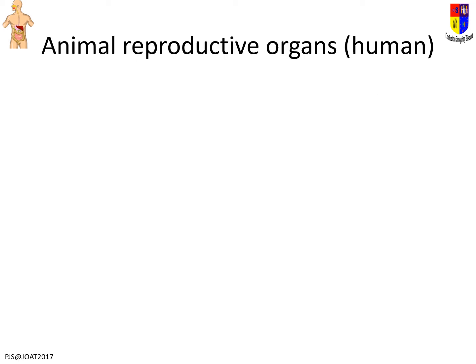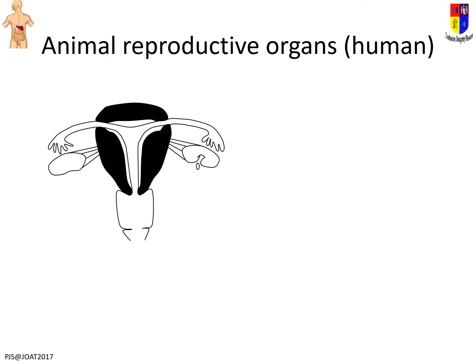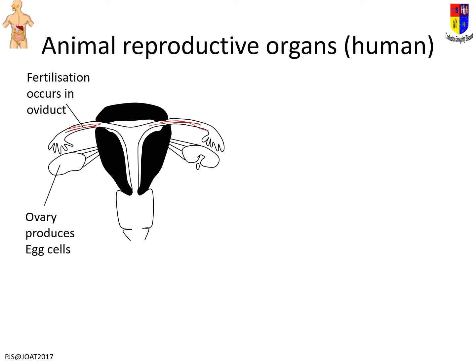So you only need to know a few parts of the reproductive system. Looking at the reproductive system in humans, you need to know that the ovary produces the egg cells. You've got two ovaries, one on either side here. And you need to know the oviduct up here, the tube that connects from the ovary down into the uterus. Fertilization occurs up there.